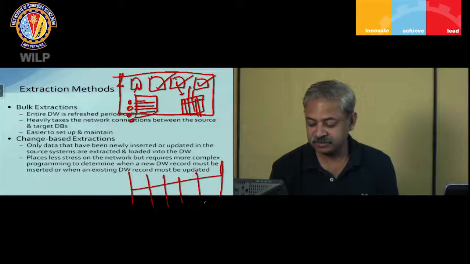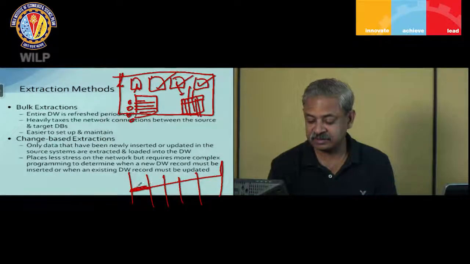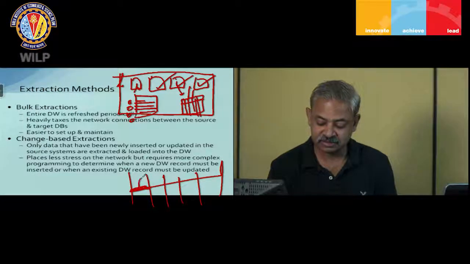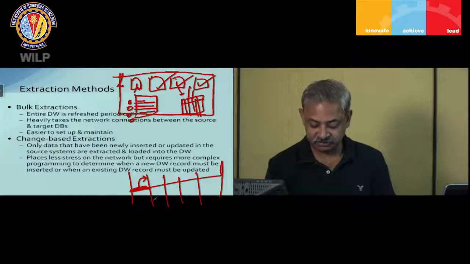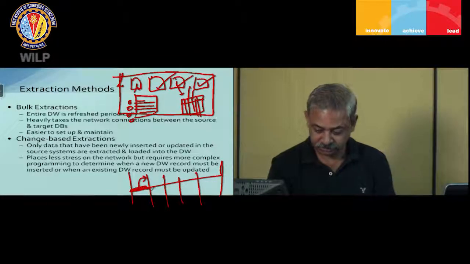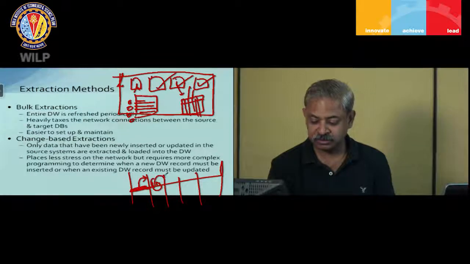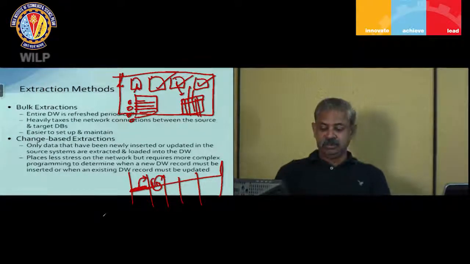These are different days in which I'm refreshing. In the conventional systems, the entire data generated between 2 refresh cycles has to be uploaded here. Now what I'm saying is, can I just see what changes have happened and propagate only the changes to the data warehouse?